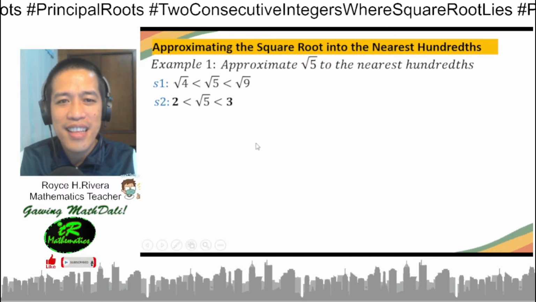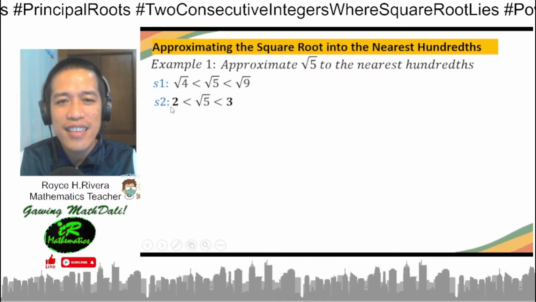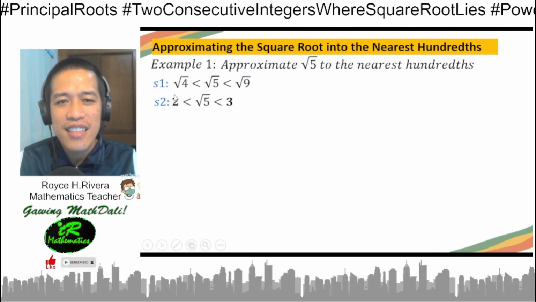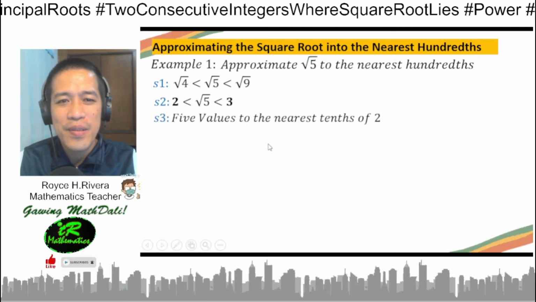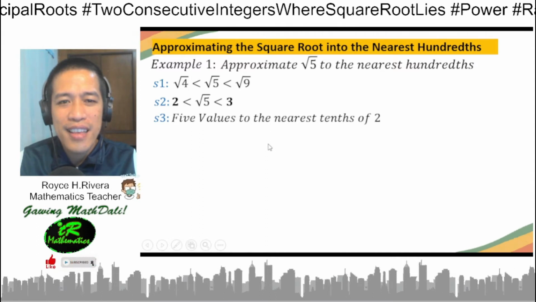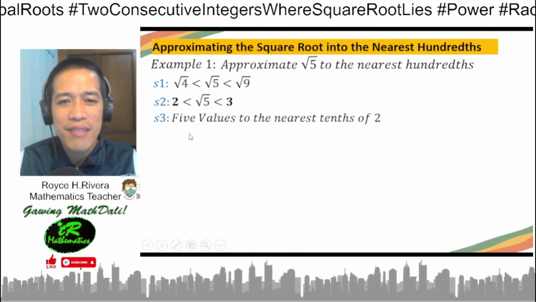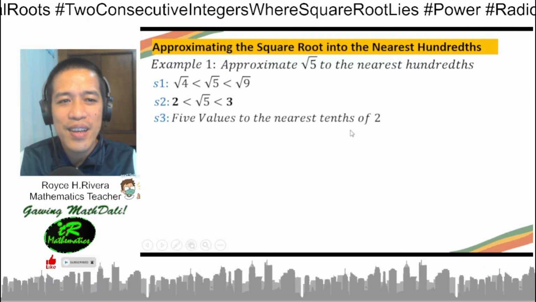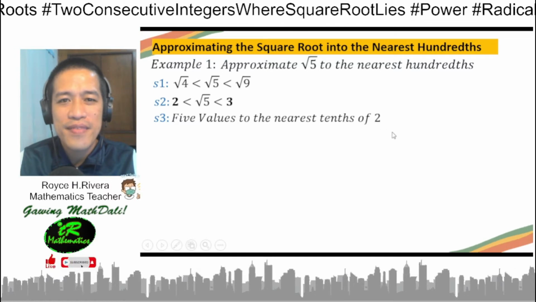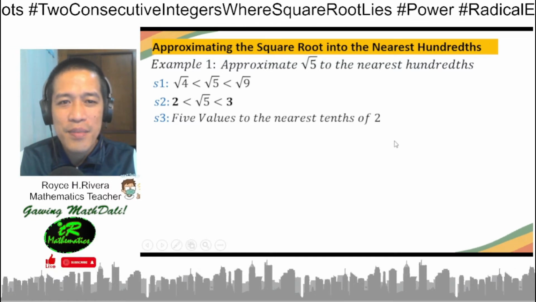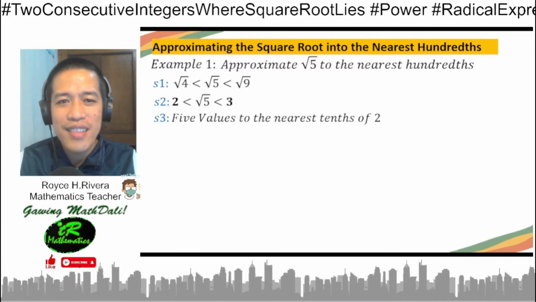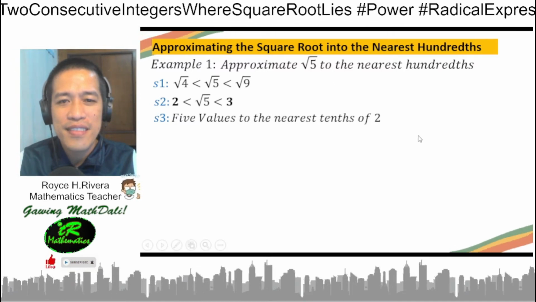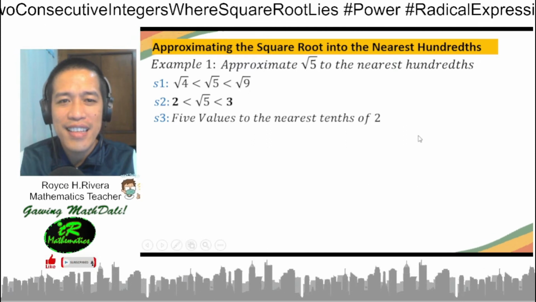Ang gagamitin nating root is 2. We will find or list 5 values to the nearest tenths of 2. So magsisimula ako sa 2.1 hanggang 2.5. Susulat na natin.